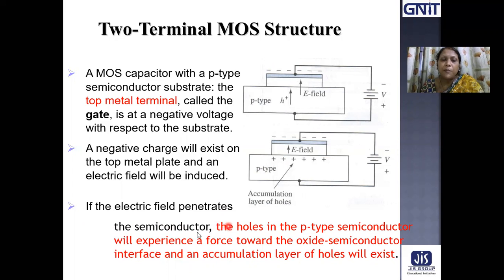If the electric field penetrates the semiconductor, the holes in the p-type semiconductor will experience a force toward the oxide semiconductor interface and an accumulation layer of holes will be developed. So here we can see an accumulation layer of holes has been generated when negative voltage is applied at the gate terminal.